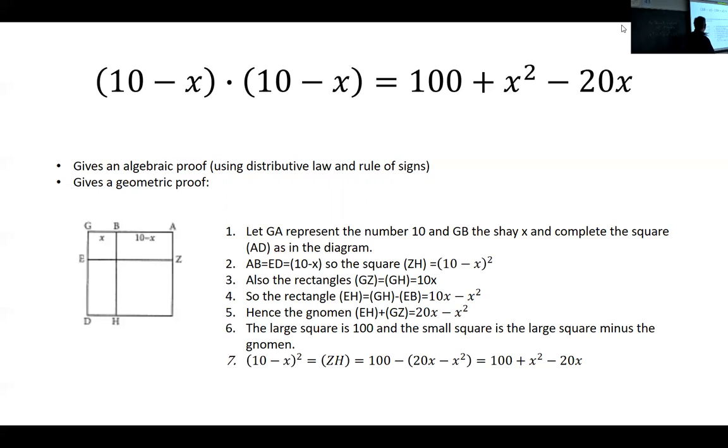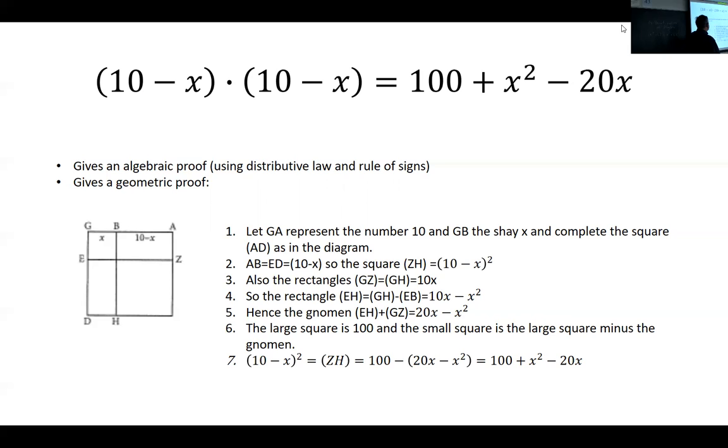And then you complete the square as in the diagram. So there's AG, so GD is equal to AG. You make a square here. You make a little square here and a little square here. So this is x, this is 10 minus x, that's x, and that's 10 minus x. So this square here is 10 minus x squared.